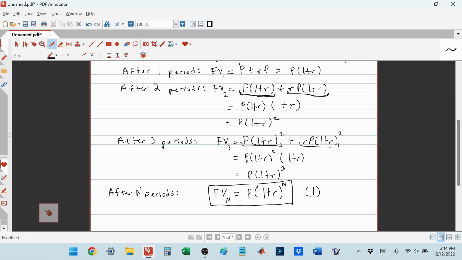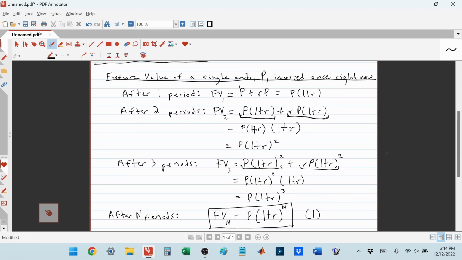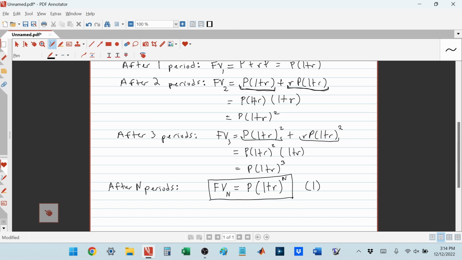It's the future value of a single amount. This equation gives you the value after any number of periods where we're letting n equal that. This equation gives you the value of an account where you put P dollars in at the beginning of the first period, this equation gives you the value of that account at the end of any period after that.